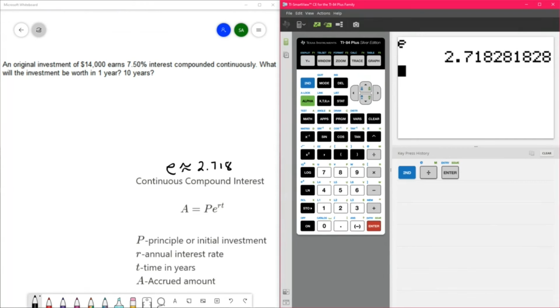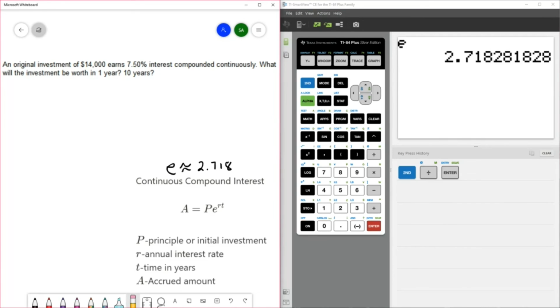This is a number very similar to pi that has come up when discussing exponential ideas, and so it is often used in formulas related to exponentials. So we'll use that value in our calculator once we work through the formula.